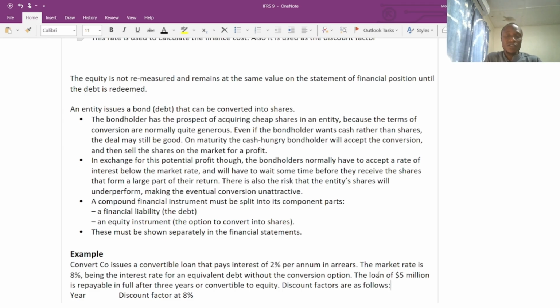If you want to convert your loan to shares, it will provide benefits for you. So you need to do this cost benefit analysis before you decide to convert that particular loan, which is fine, right? Also, it can be a negative impact because if you decide to convert the loan to equity shares, it is possible after the conversion, the performance will become involved. So nothing to worry about that.